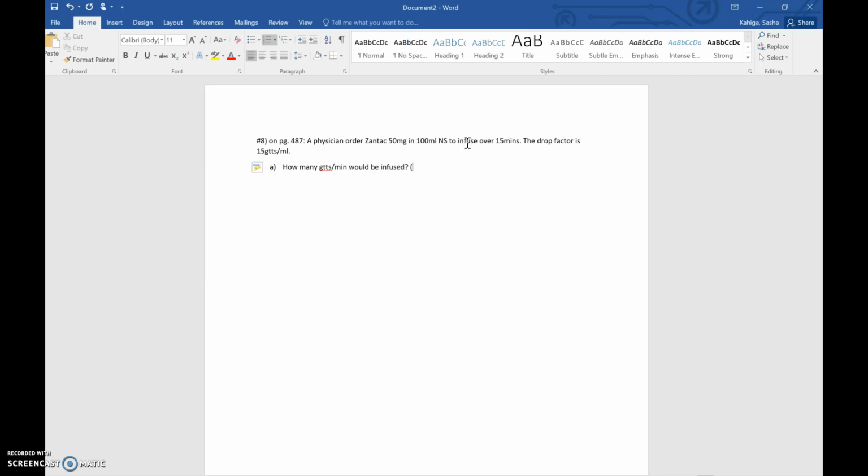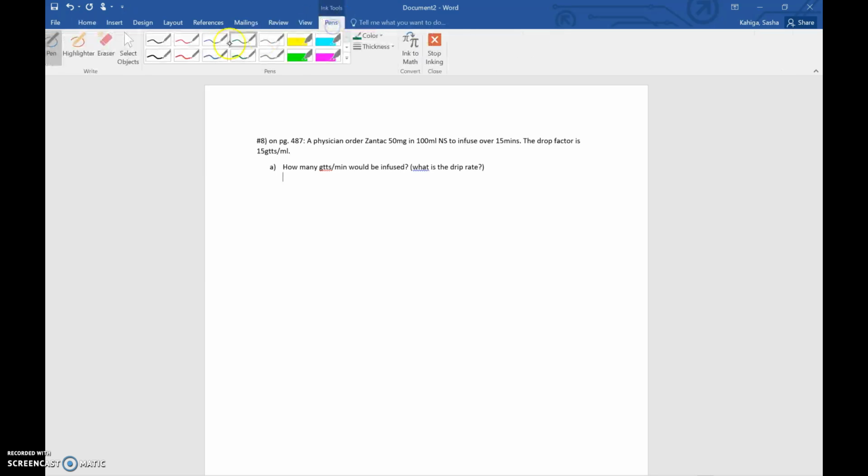So in detail, they want to know, what is the drip rate? So in order to find the drip rate, remember, we have to take the total amount of milliliters over the total amount of minutes and multiply it by my drop factor.